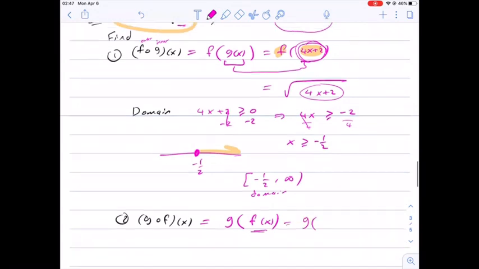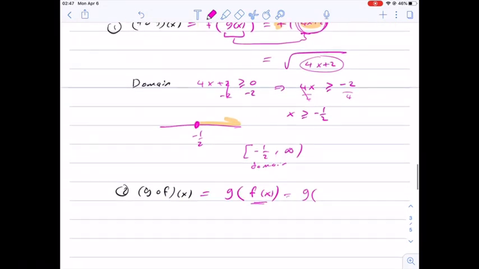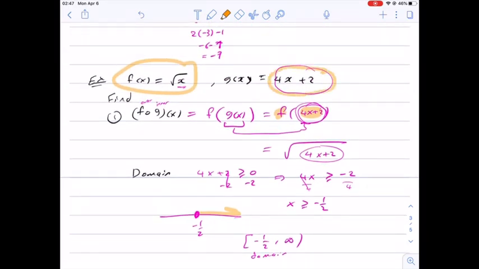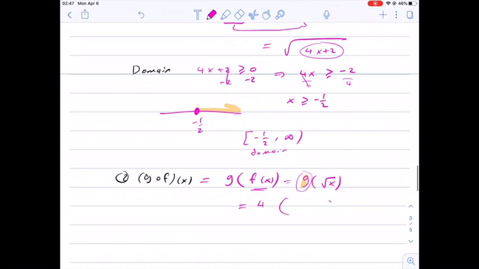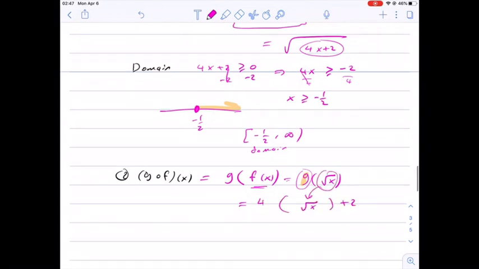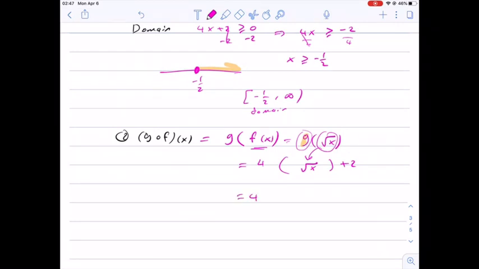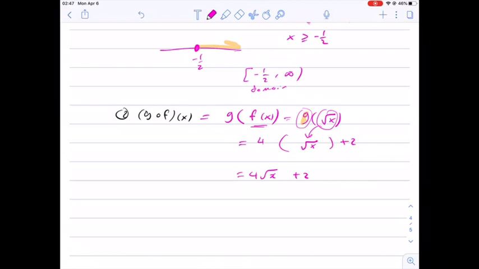Now what is f of x? f of x is square root x. Now we substitute this into the function g, but the function g is 4x plus 2, and here we substitute square root x. So we get 4 square root x plus 2.